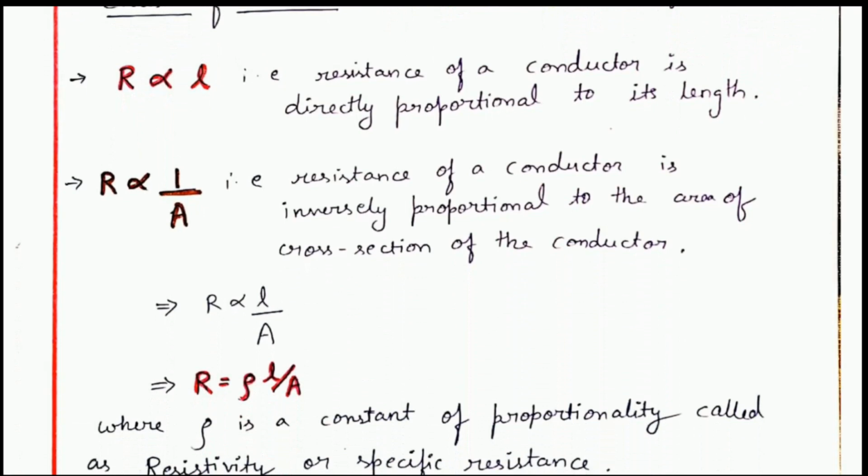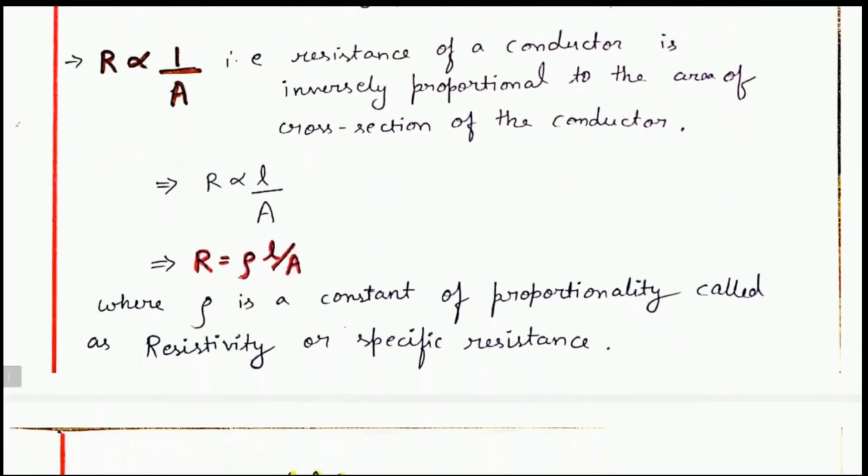Combining these two, we get R is directly proportional to L by A. As we have discussed many times, if you remove a proportionality symbol, you must insert an equality symbol along with a constant. So R is equal to rho L by A, where rho is the constant of proportionality called resistivity or specific resistance.